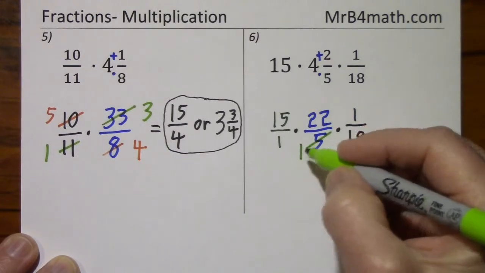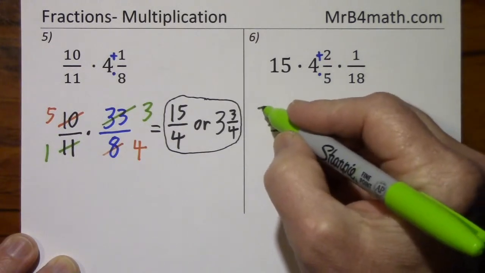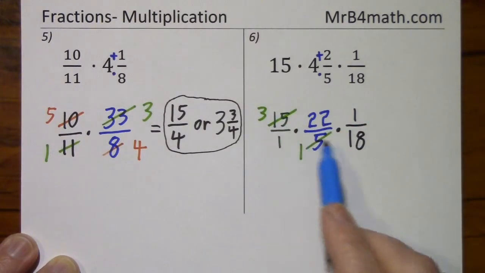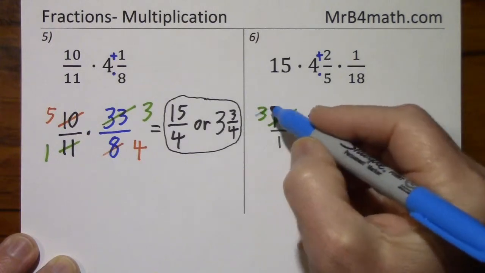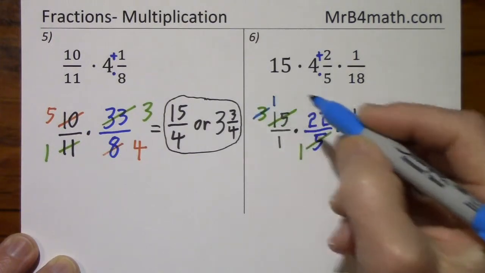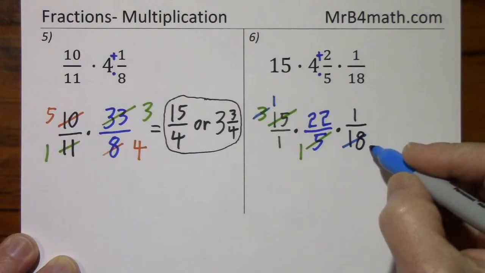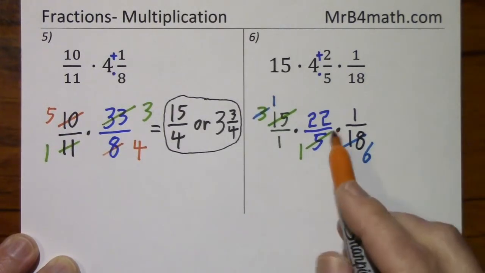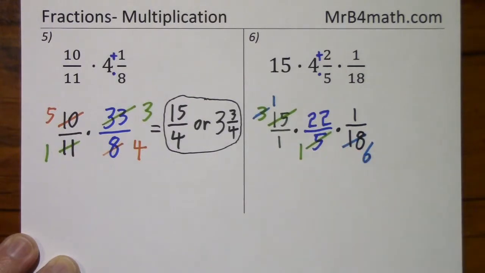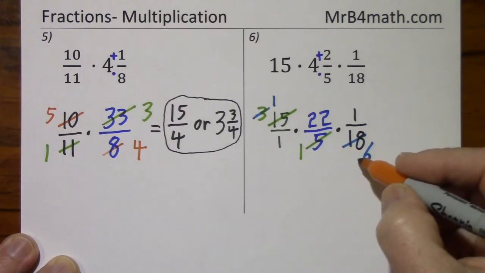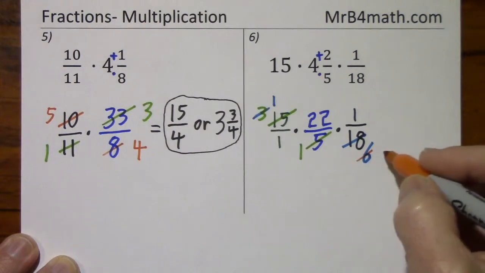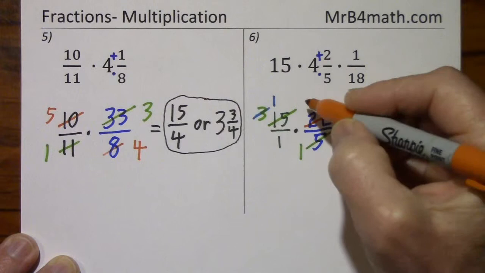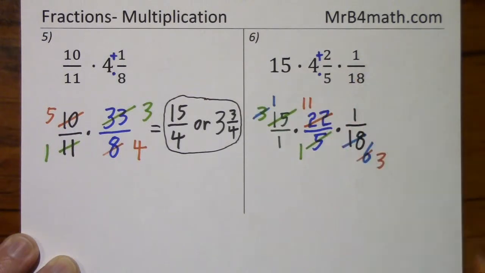5 goes into 5 once. 5 goes into 15 3 times. Let's get the 3 and the 18. 3 goes into 3 once. 3 goes into 18 6 times. And now with the 22 and the 6, we have a common factor of 2. 2 goes into 6 3 times. 2 goes into 22 11 times.